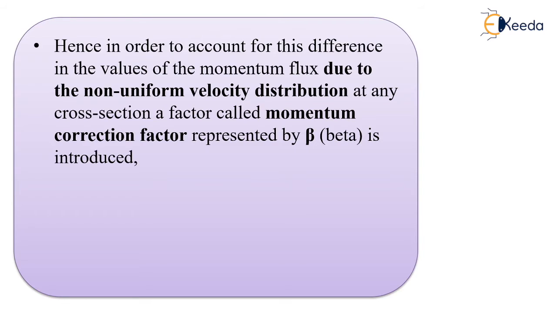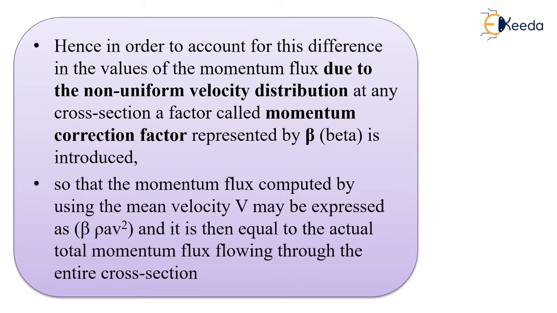It is represented by the Greek letter beta, so that the momentum flux computed by using the mean velocity v may be expressed as beta into rho A v square, and it is then equal to the actual total momentum flux flowing through the entire cross section.